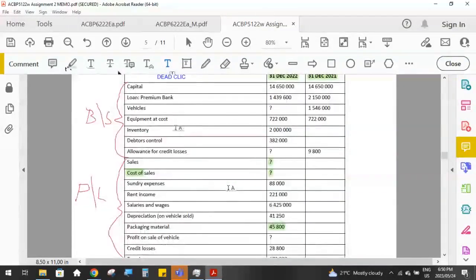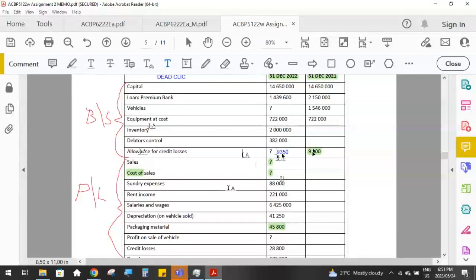So we have a look at the current carrying value for credit losses, which is 9,800, and it must be 9,350. So your journal entry would be 9,800 minus 9,350. That would be the adjustment that you have to make.